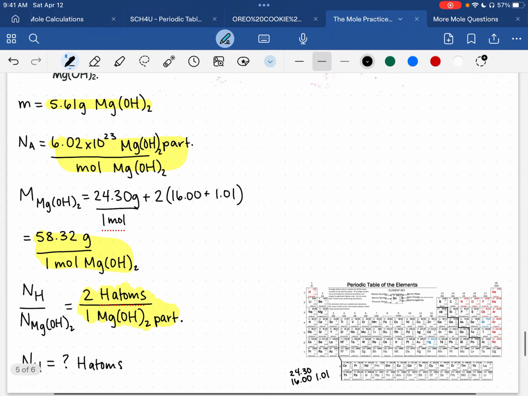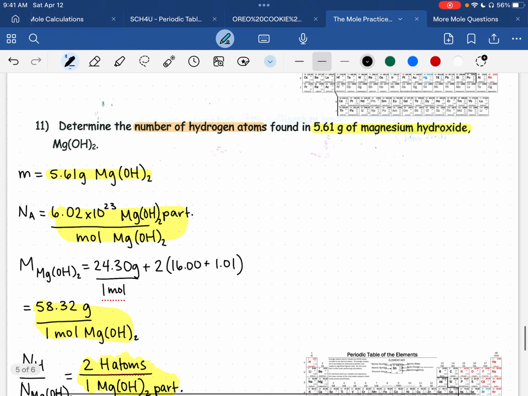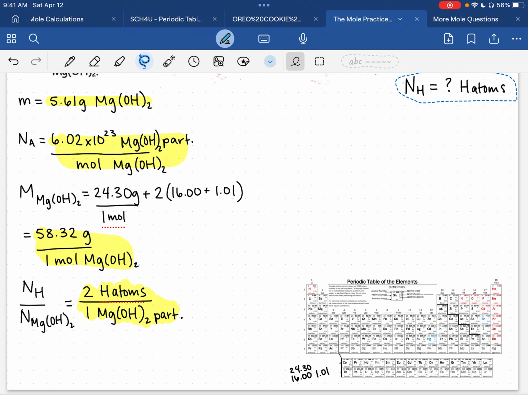And before you say, hang on, isn't it just two? Well, no, because it's two hydrogen atoms for every one particle. And we don't have just one particle, we have 5.6 grams. We don't even know how many moles we have yet. So we have to do a lot of calculations here. I'm hoping I have enough space. I don't think I do. So I'm just going to move some stuff around. Let's move this up to the top. Move this up to the top as well.